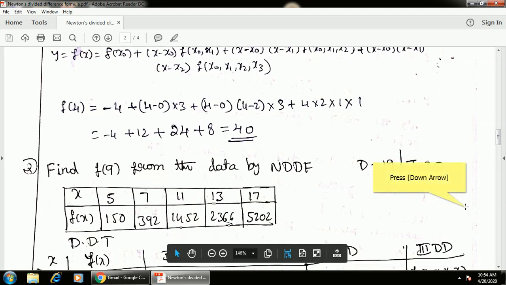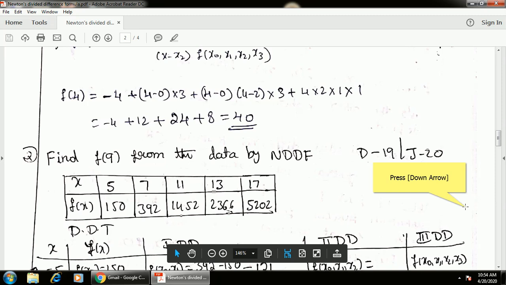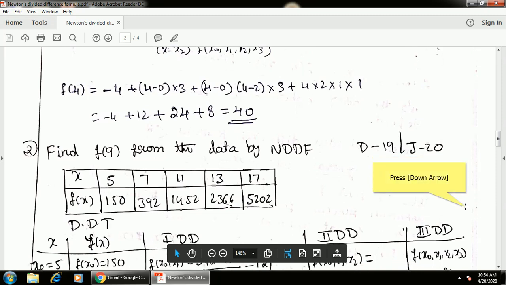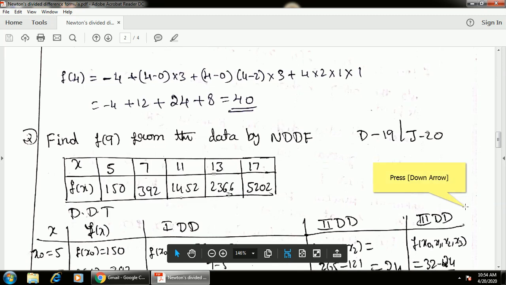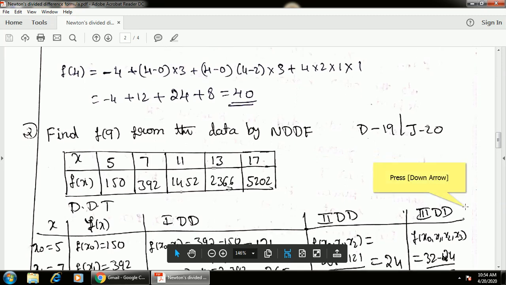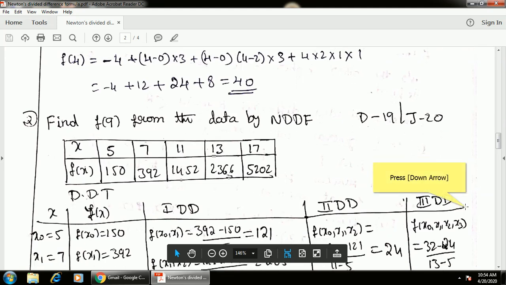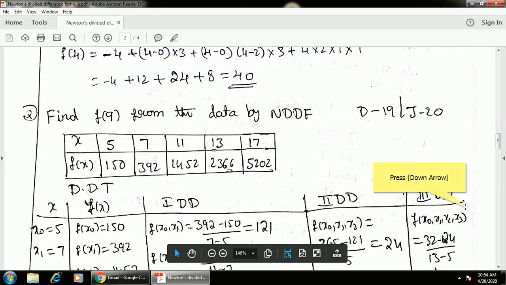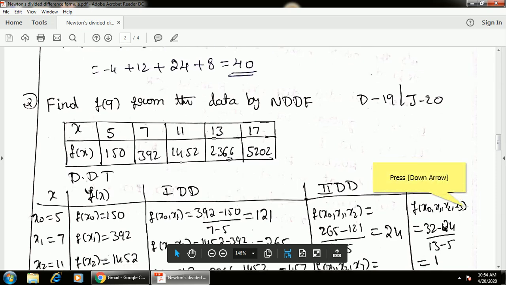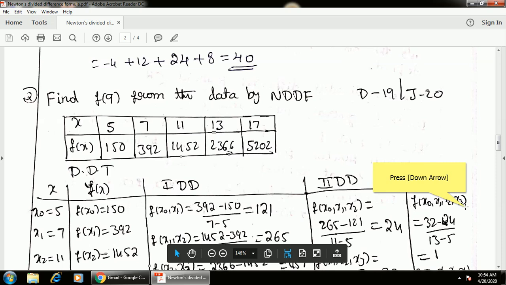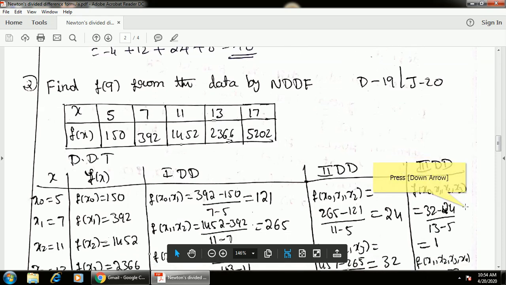Find f of 9 from the given data. Once again, this is a December 2019 or January 2020 question paper problem.